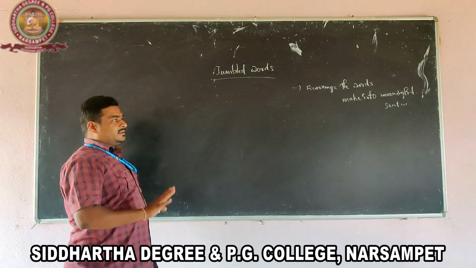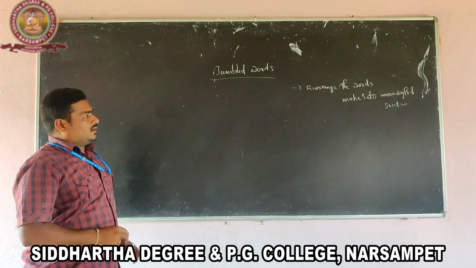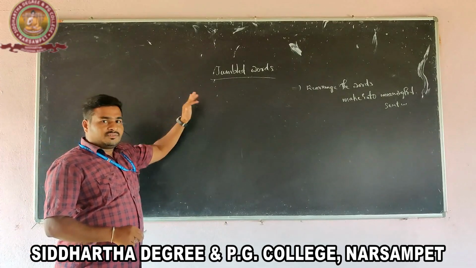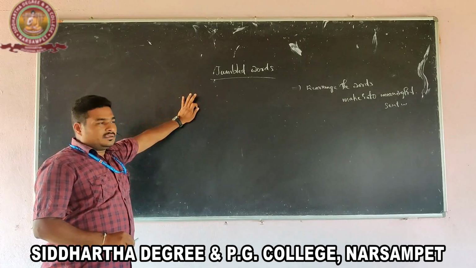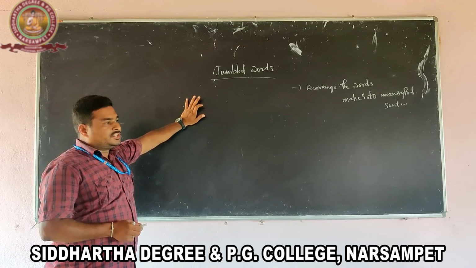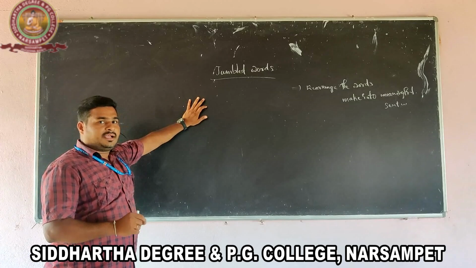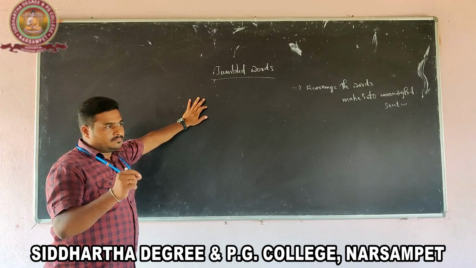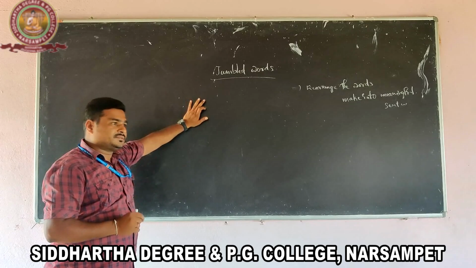This is the pattern we follow in an examination. But solving jumbled words is very easy, it is the grammar part in English. With the use of some tricks and some guidelines, we solve these jumbled words.